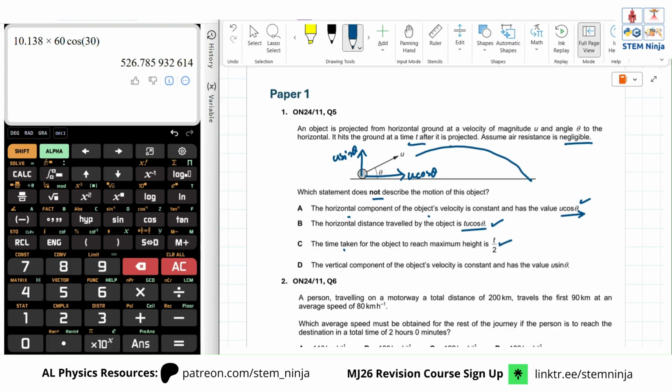That is also correct because that's the half time. We saw it in the example where it lands at the same level. The vertical component of the object's velocity is constant and has the value u sine theta. So initial velocity does have u sine theta, but after that it would have u sine theta minus gt because of the acceleration. So this is the only thing that's not correct.